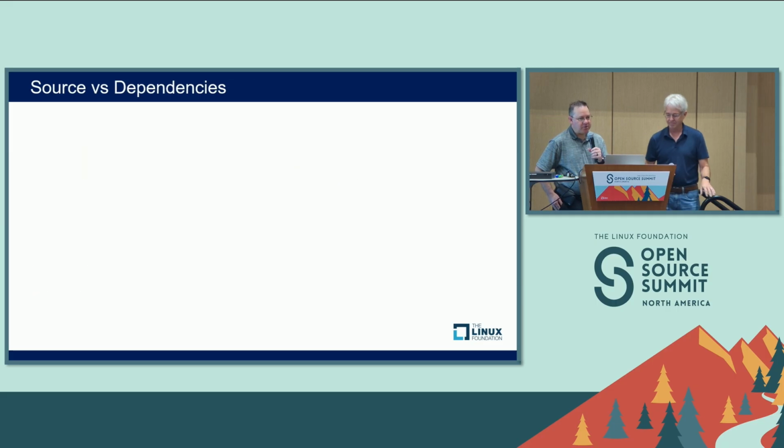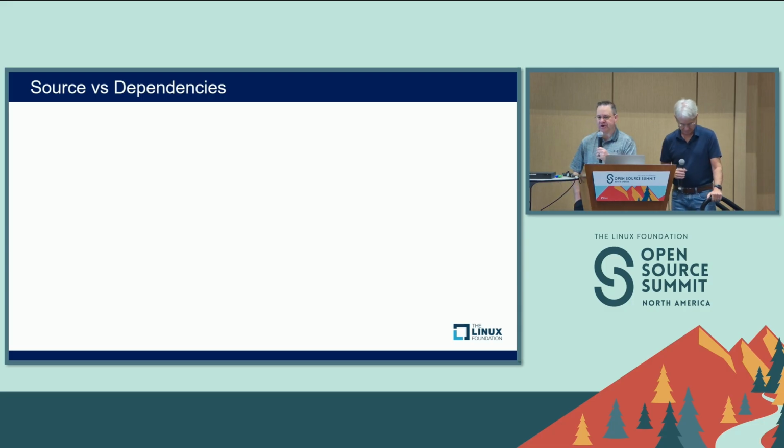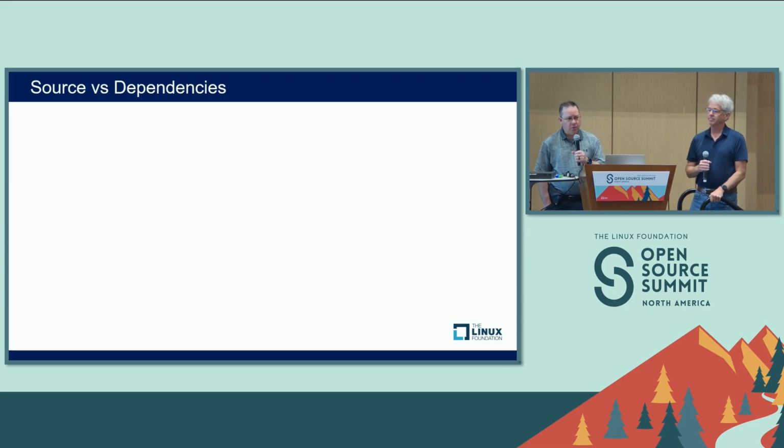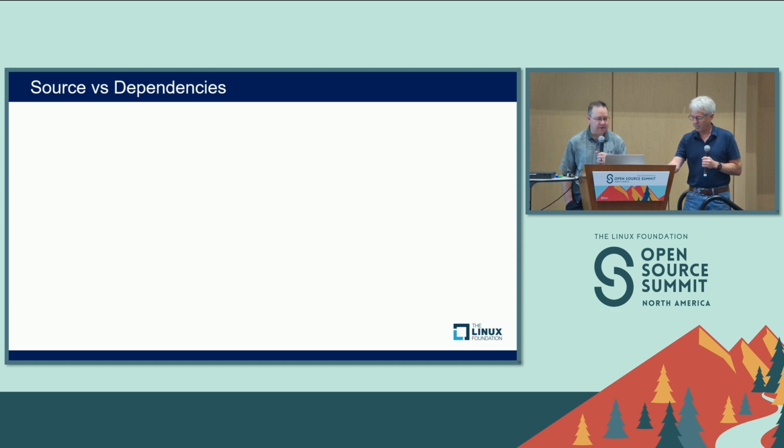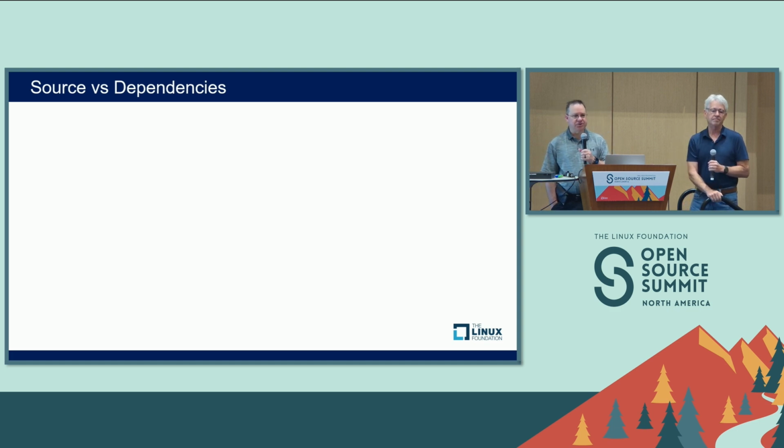So, did you want to hit the source dependency? Just to follow up with what Gary mentioned, we generate source SBOMs because a build SBOM should be done by the development team. A build SBOM would be maybe a release engineer or build engineer or developer in their CI/CD system.